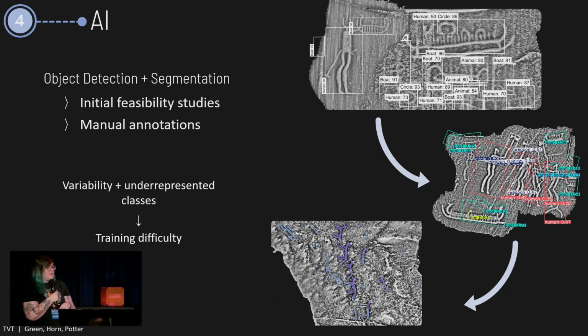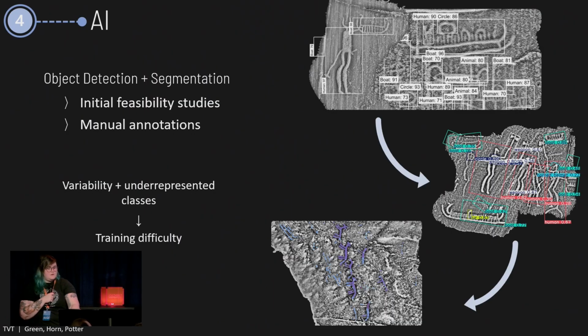But examples that we have a lot of, like ships, work really well, and cut marks also worked really well because there's very little variability in cut marks and quite a lot of them. But for now, we're focusing on the oriented bounding boxes and going a step further with polygon annotations for those bounding boxes.